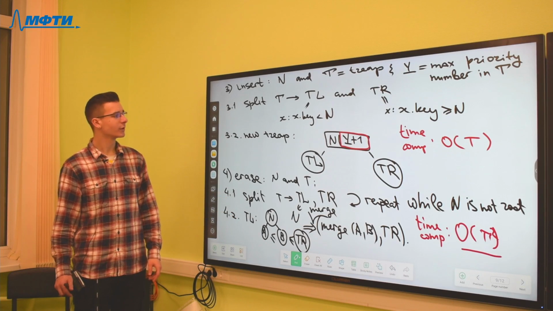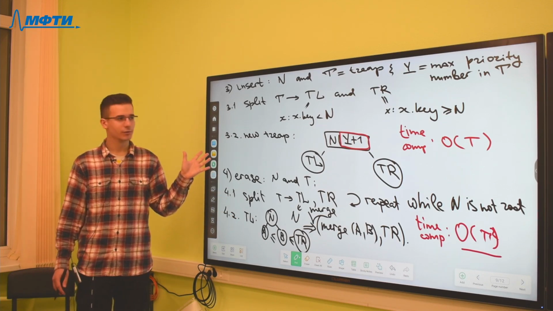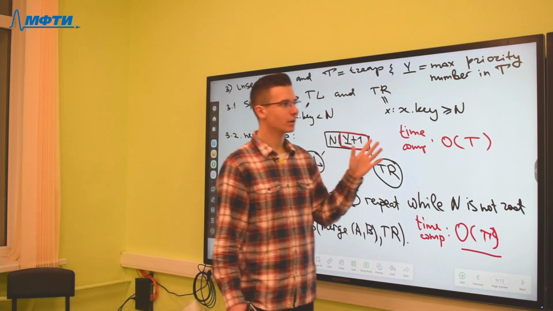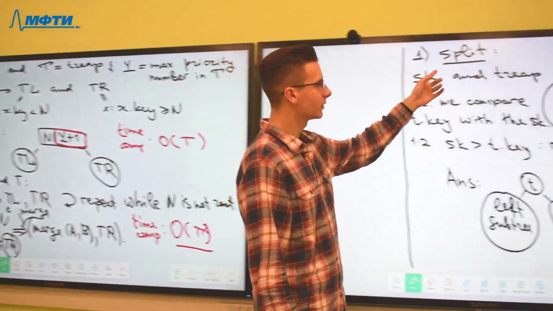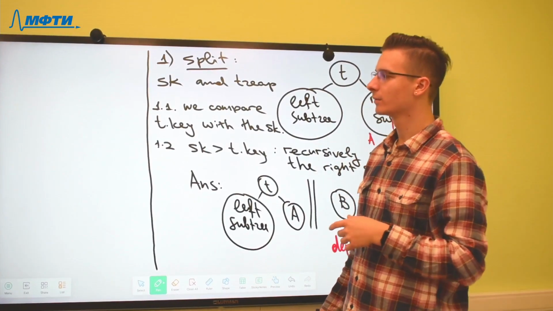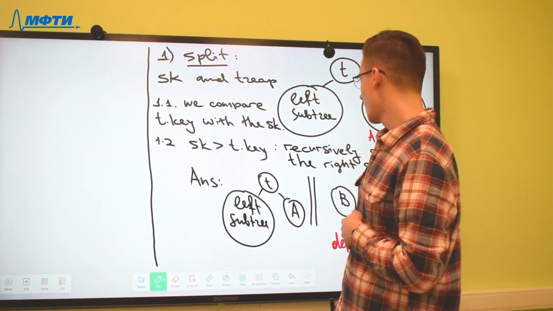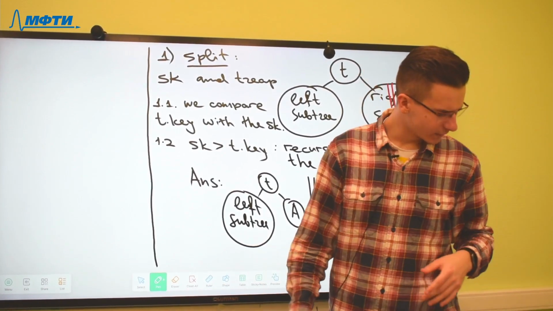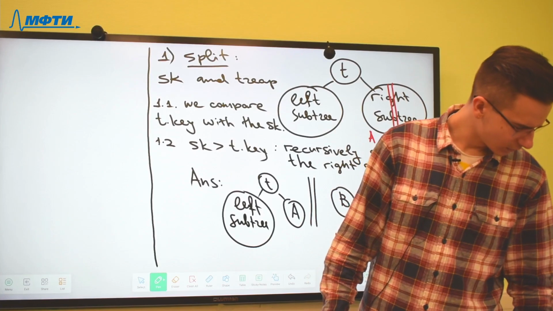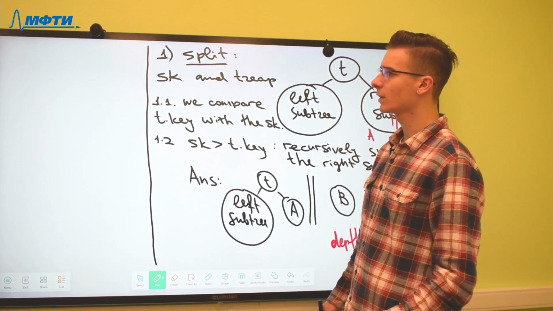So when you implement this class, you firstly write splitting and merging, and then implement other operations using them. I think that it is all that I want to talk about today.